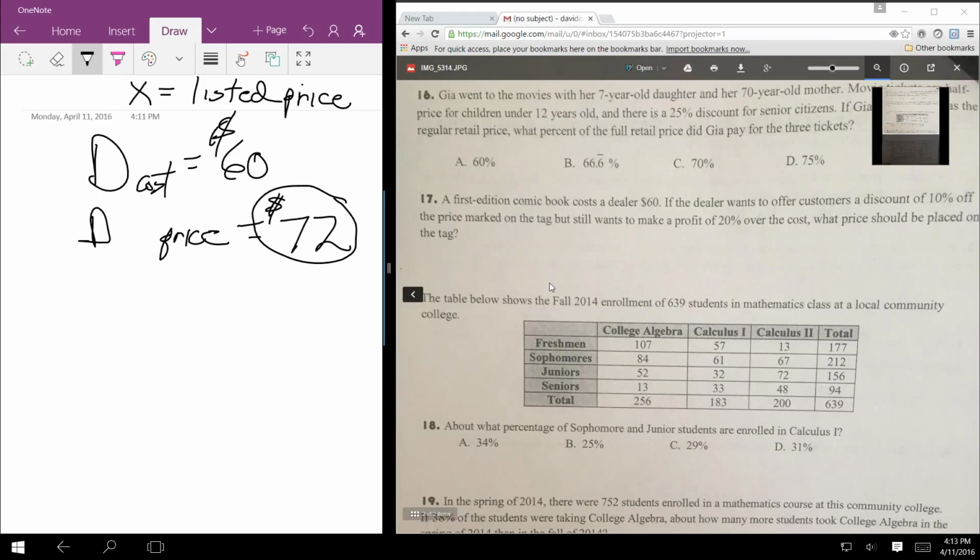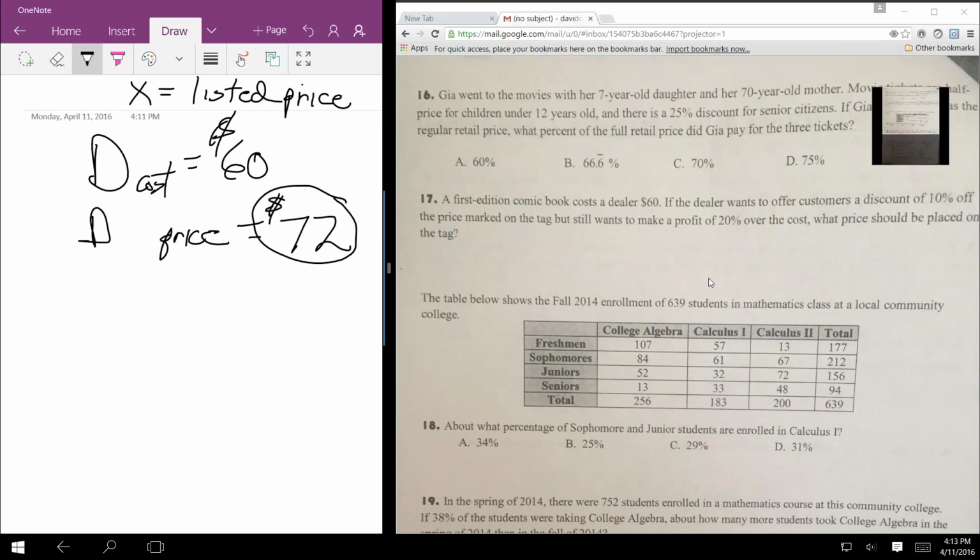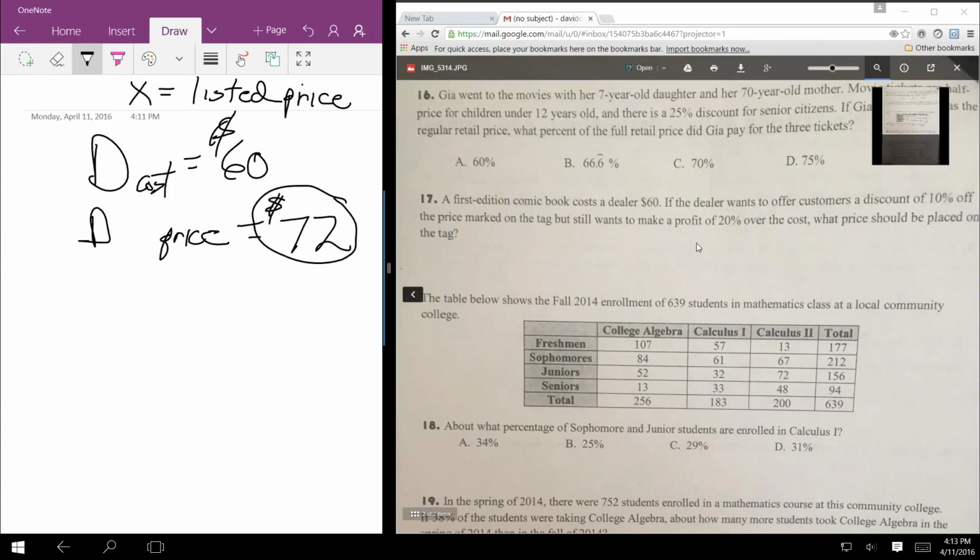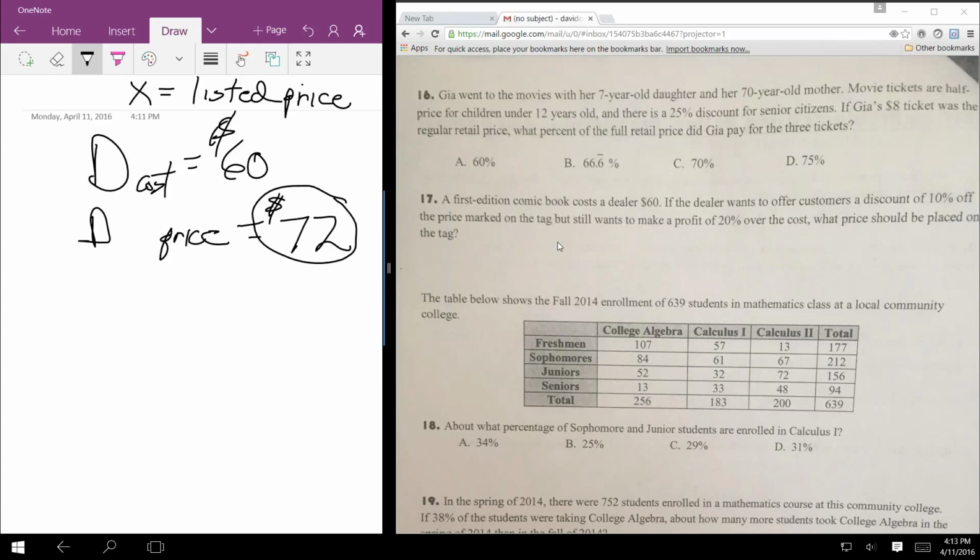You can generally find your variables by reading the last part of the last sentence. And to be honest, that's what I should have done here. I should have gone immediately, what price should be placed on the tag? That's the list price. Okay? So, if x is the list price, what equation can I write?